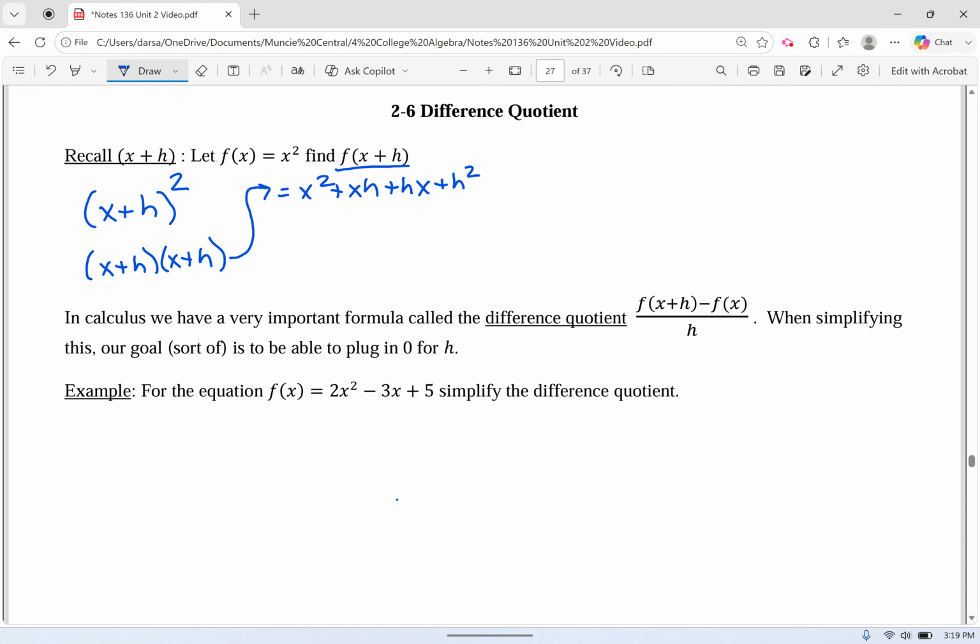Now, would you agree with me that 2 times 3 is the same as 3 times 2, and 7 times 5 is the same as 5 times 7? Absolutely. So, is h times x the same as x times h? It is. So we can rewrite this as x squared plus xh plus xh plus h squared.